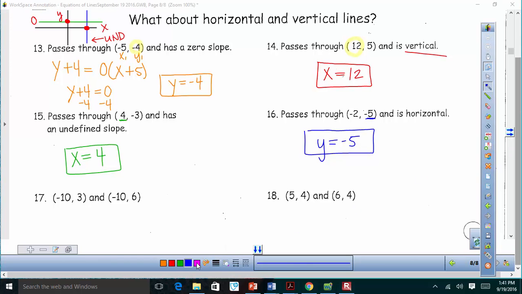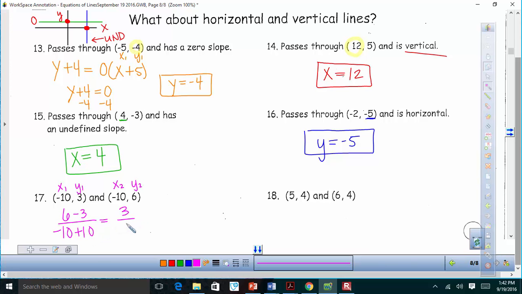Okay? Now, if you were given points and you had to find the slope first and then you realized it may be a vertical or horizontal line, that's what I want you to see now, just so you can recognize it. So here, if I labeled x1, y1, x2, and y2, and plugged into my slope formula, I would get 6 minus 3 over negative 10 minus a negative 10, so negative 10 plus 10. 6 minus 3 is 3.